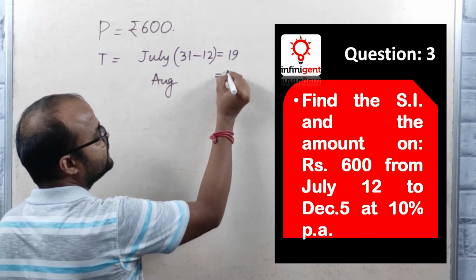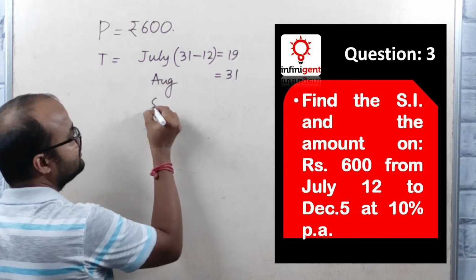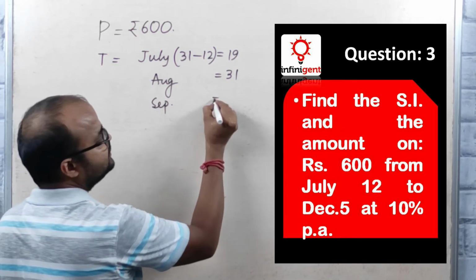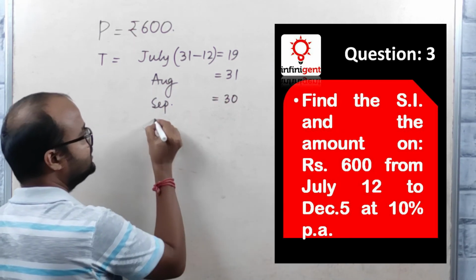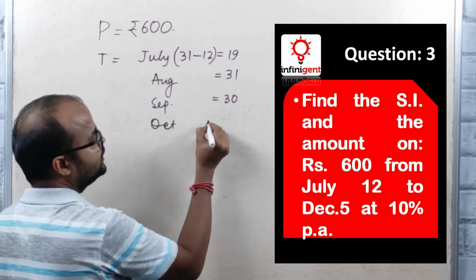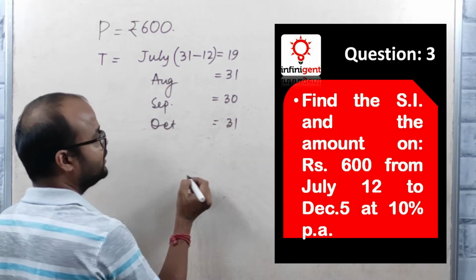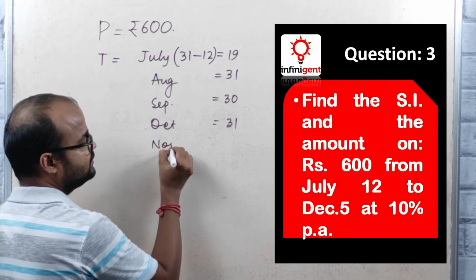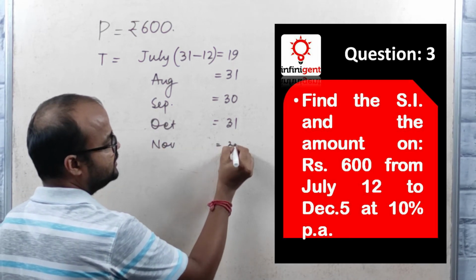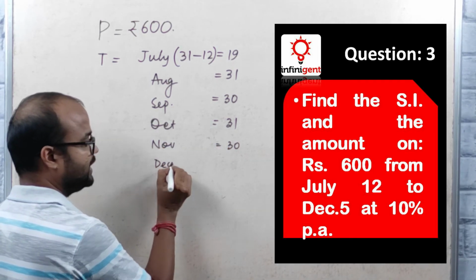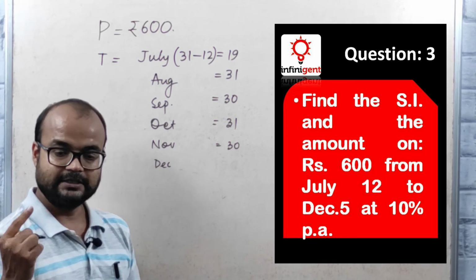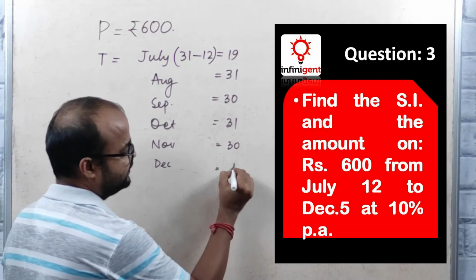August 31, September 30, October 31, November 30 and December. The last date is given as December 5. So this is 5.